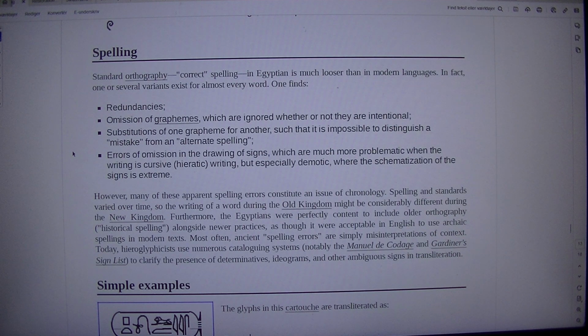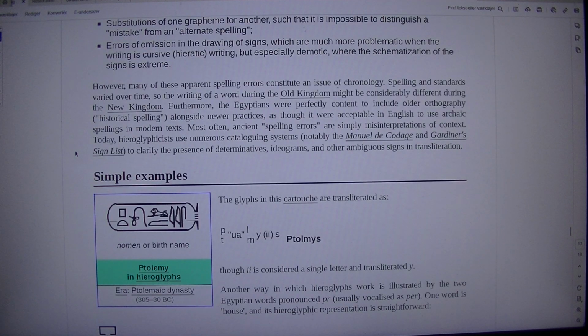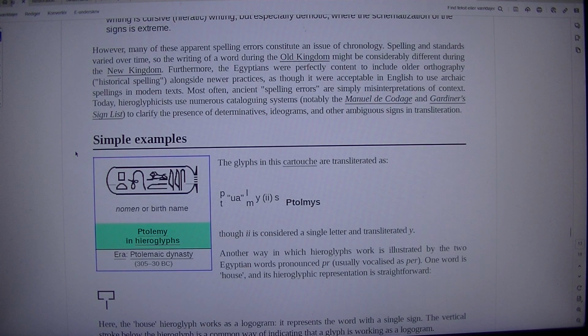Errors of omission in the drawing of signs are much more problematic when the writing is cursive, hieratic writing, but especially demotic, where the schematization of the signs is extreme. However, many of these apparent spelling errors constitute an issue of chronology.